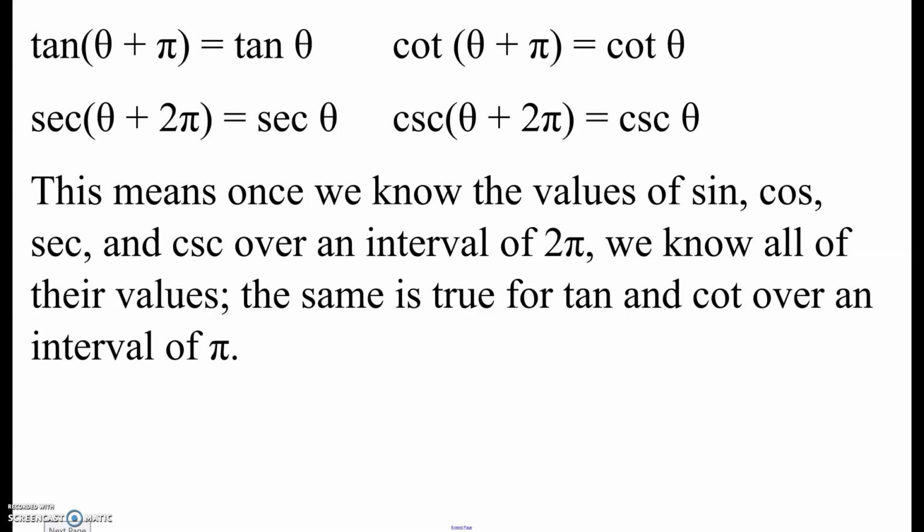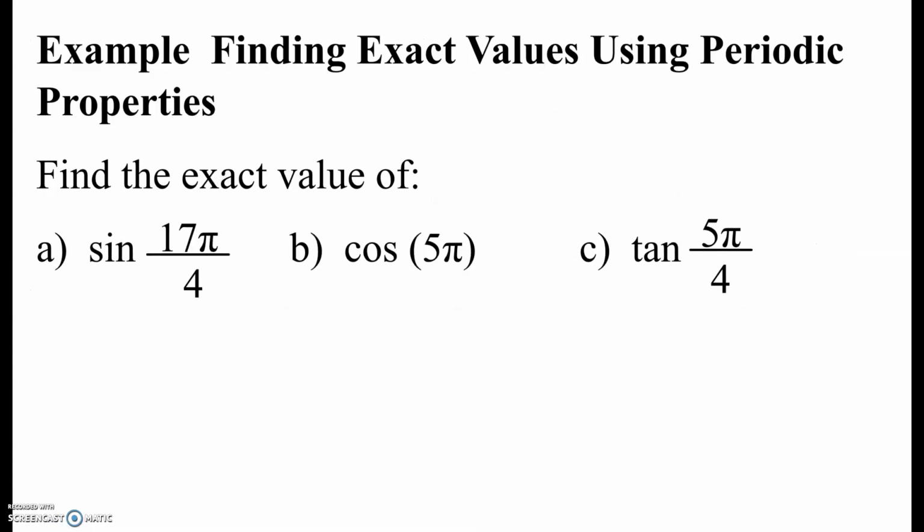And here's how we're going to use that. Finding the exact value using the periodic property of the trig functions. Find the exact value of sine of 17 pi over 4.